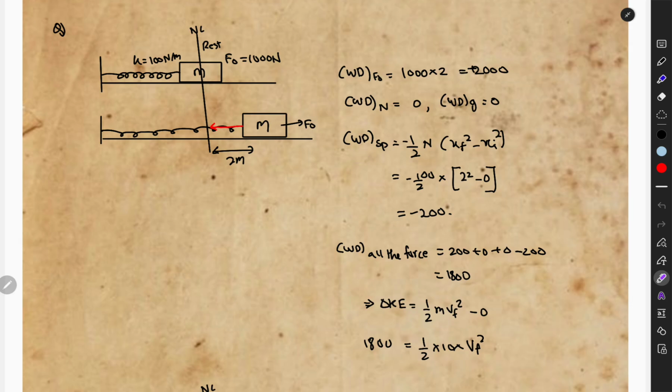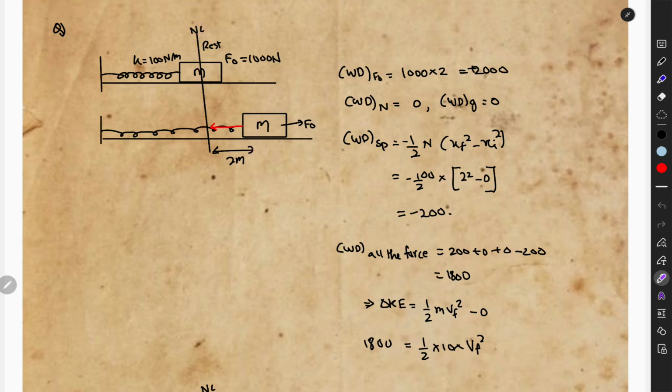So what is the work done by the spring force? It is equal to minus 1 by 2 k, it's k guys, so it's k, x final squared minus x initial squared. Here x final is 2, and initial is at natural length, right?